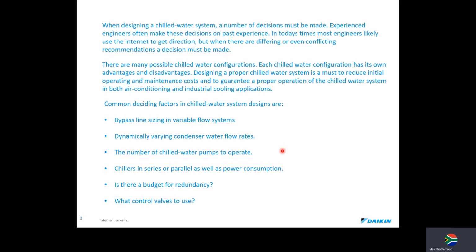The number of chilled water pumps that we need to operate. Do we connect the chillers in series or parallel? And what is our power consumption going to be? Is there a budget for redundancy? Most times, more than likely not. It's very prudent to always design with redundancy. And then what control valves do we use to control the working fluid, the water?